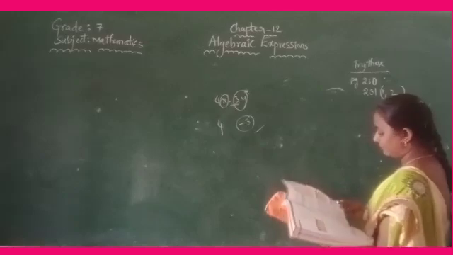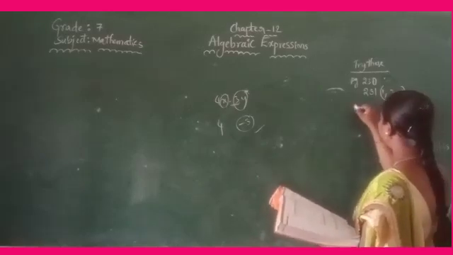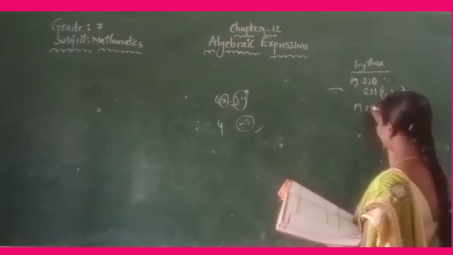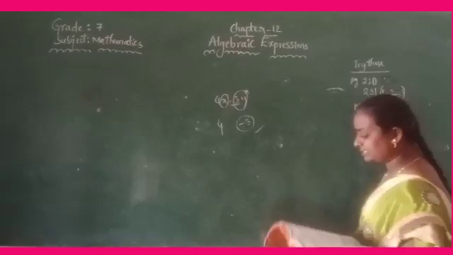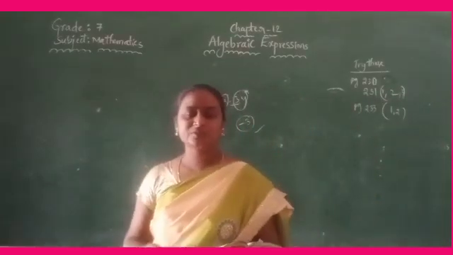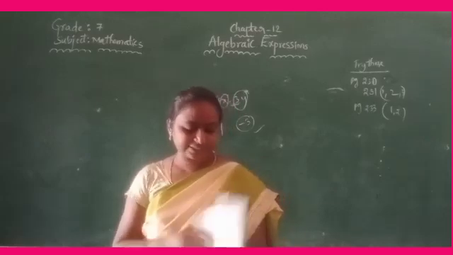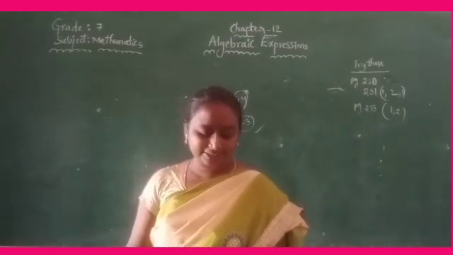Downside also one more problem, that is the third question, you will solve, and on page number 233 try these problems, questions 1 and 2. There are 2 try these problems, you solve. Okay, children? Right.